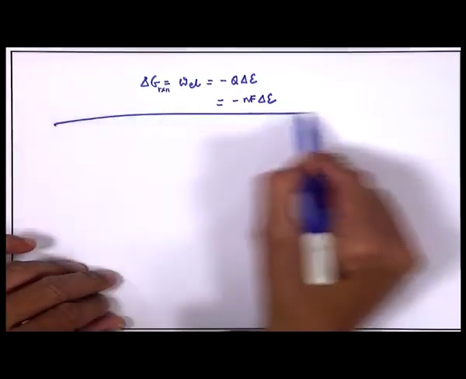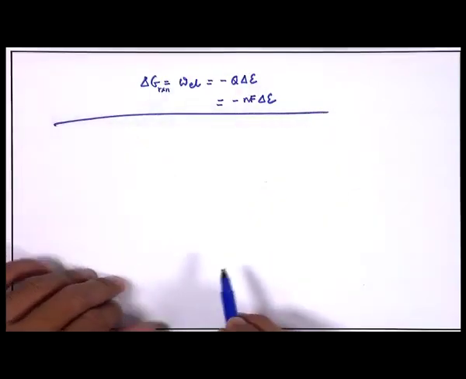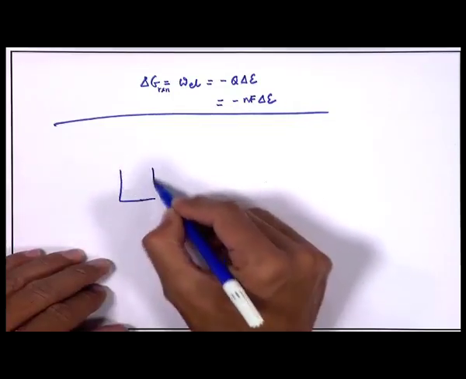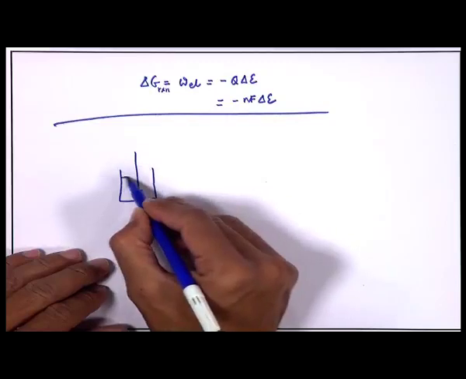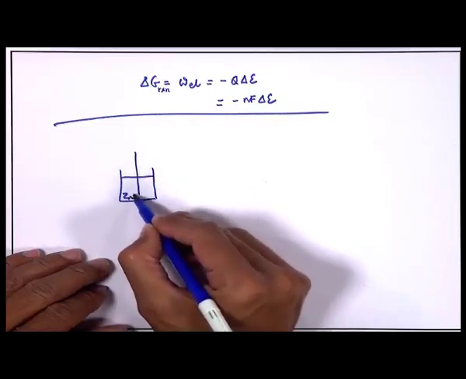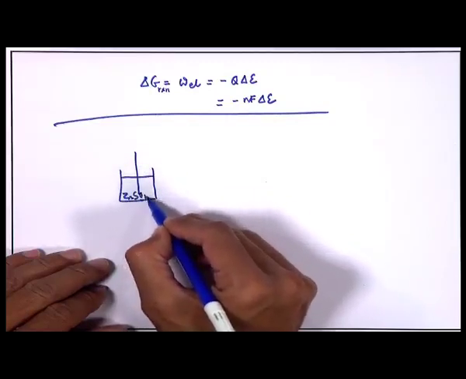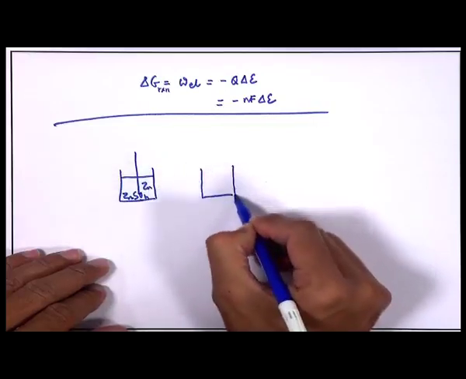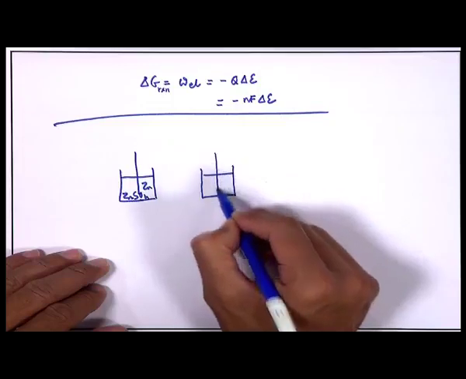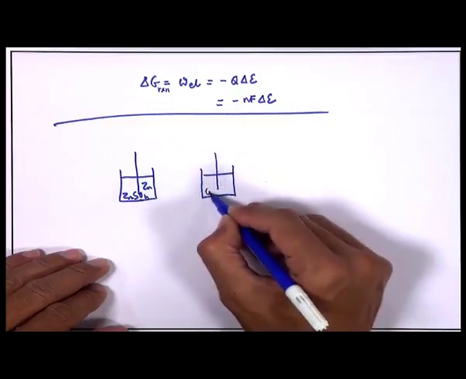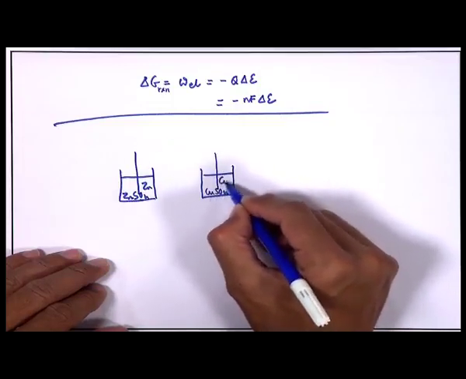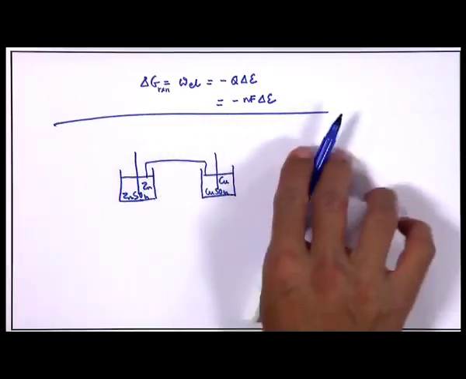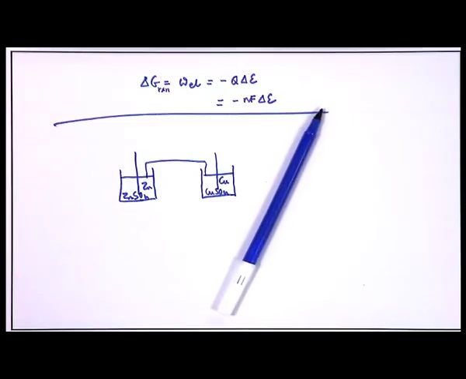Daniell cell means you have a zinc sulphate, zinc half cell, a copper sulphate, copper half cell, and a salt bridge.